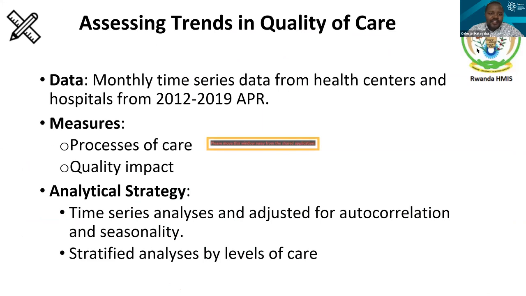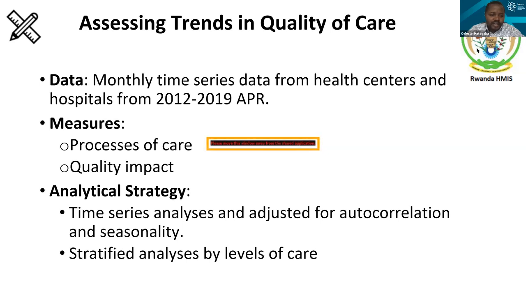So using the available indicators, we assessed longitudinal changes in quality of care in Rwanda to identify potential inefficiency to guide quality improvement. We used data from 2012. That's when the system changed to DHIS2. We did this to ensure consistency and to avoid information bias. Specifically, we looked at process of care indicators and quality impact indicators.